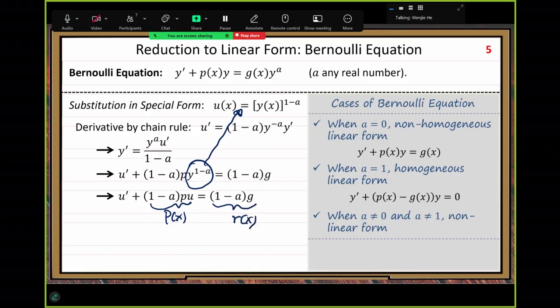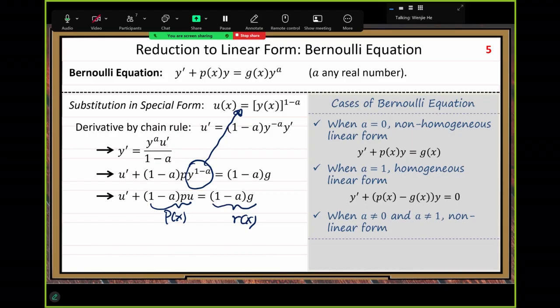So we know how to solve it. After we derive this form, we just apply the existing formula, so we can find a solution. So this is the Bernoulli equation. Now we know we can solve any Bernoulli equation. At least we can write the formula.